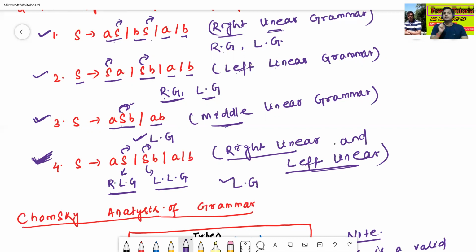Why? Because a regular grammar is either left linear or right linear, but does not contain both.